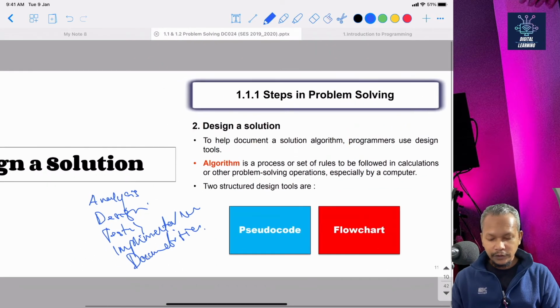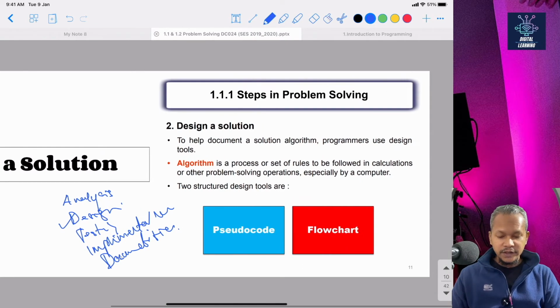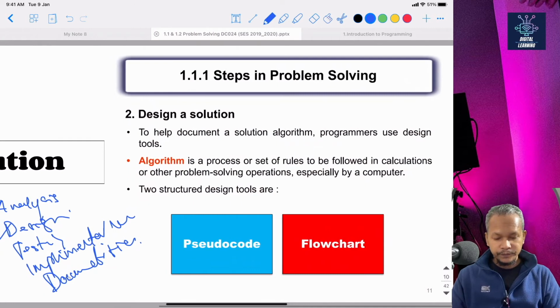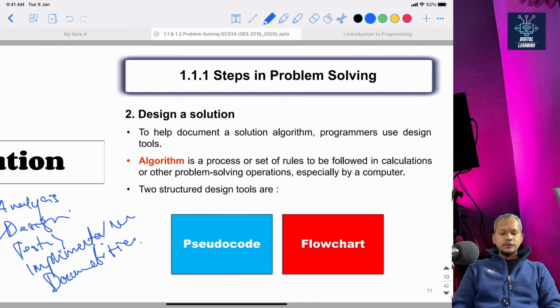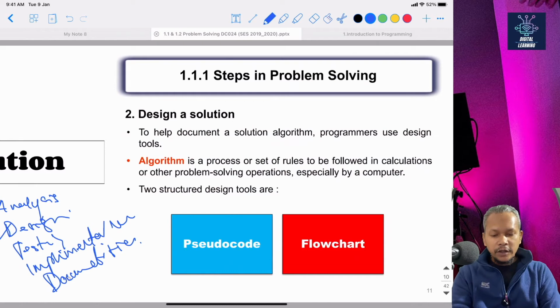Okay, so now we go to the second step. The second step is design a solution. To help document a solution algorithm, programmers use a design tool. An algorithm is a process or set of rules to be followed in a calculation or other problem solving operation, especially by a computer.